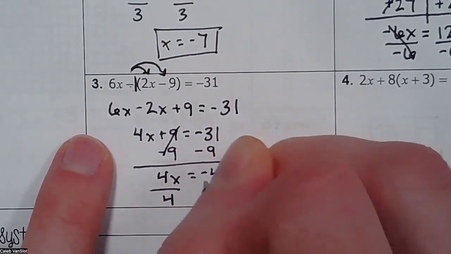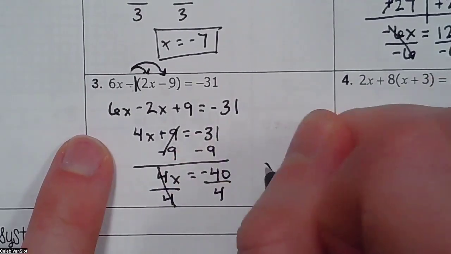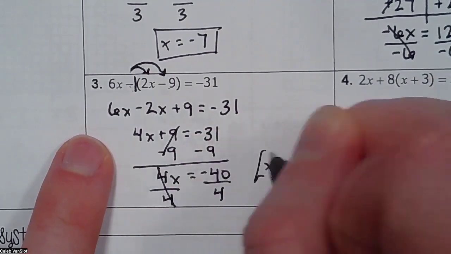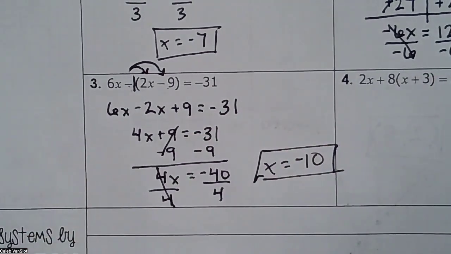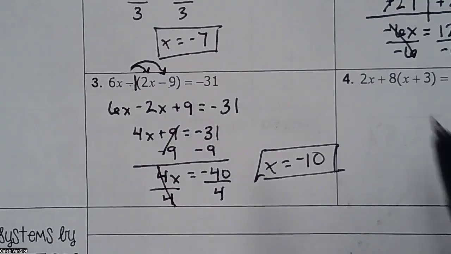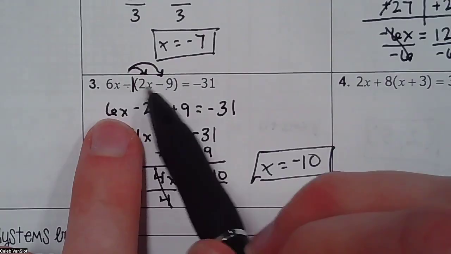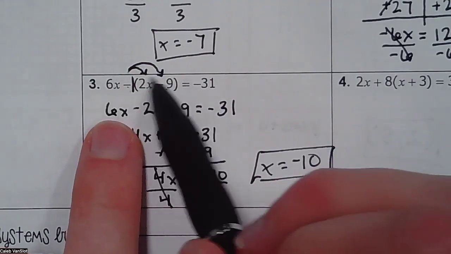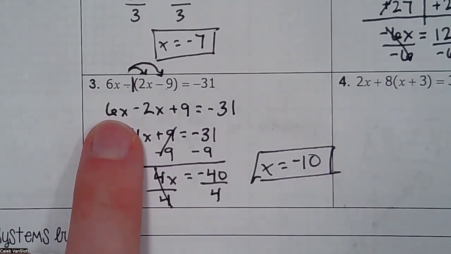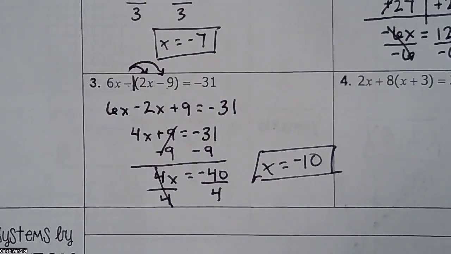And when I divide by 4, I get x equals -10. Okay. So again, what this means is if I took a -10 and plugged it in for both of these x's here on this left side, all of this would give me -31, okay? Because it's equal on both sides, okay?